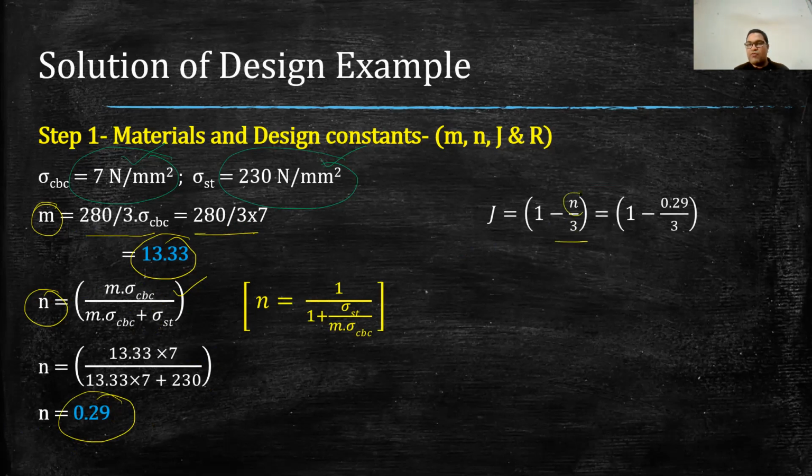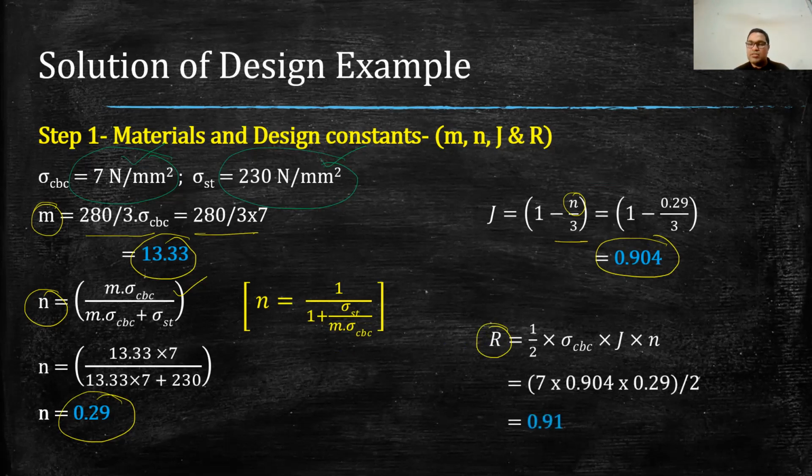So putting the value of n here, we get the value of j as 0.904. And after that, we can find out the value of r. Putting all the values, we get the value of r as 0.91. So this is our first step that we followed in the previous lecture problem also. So this is the same step.